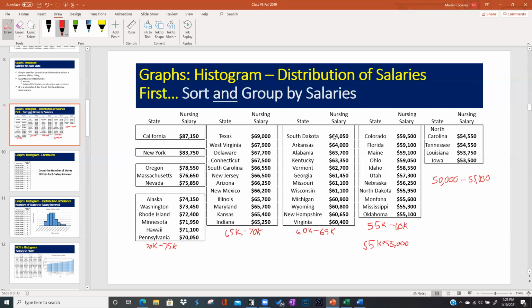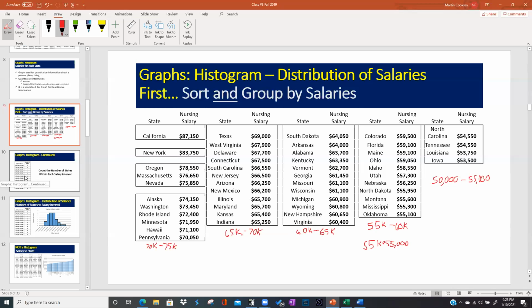Yet we have quite a few states that are in this middle area, or these middle ranges for salaries. So we like to get a graphical representation of how many fall into each of these intervals. We can take this and put it in what we call a table format.